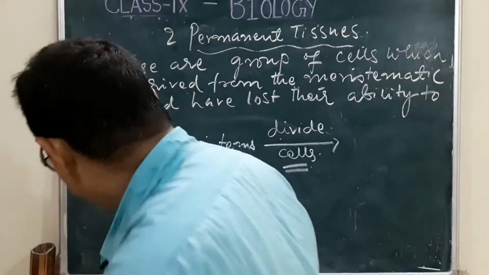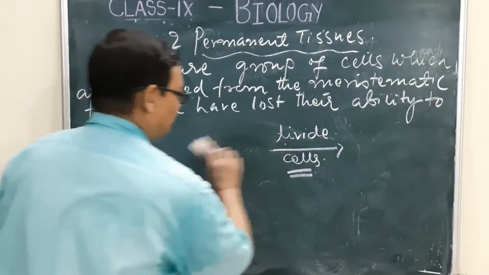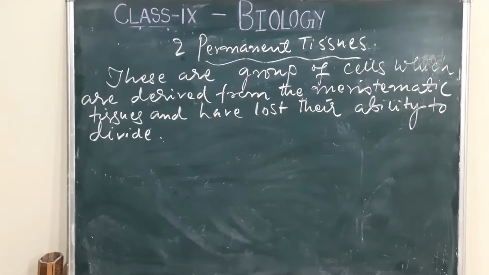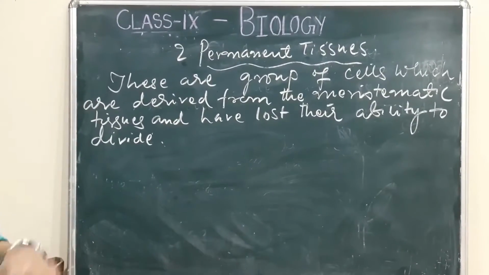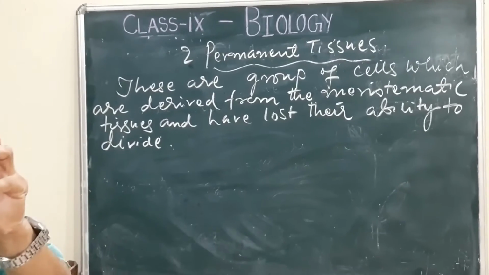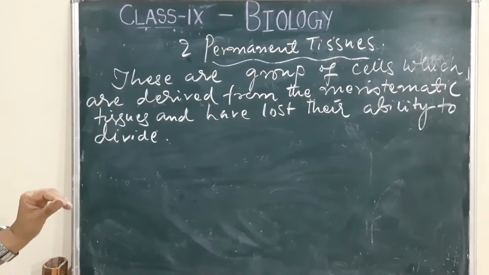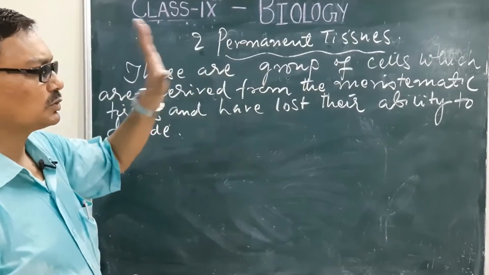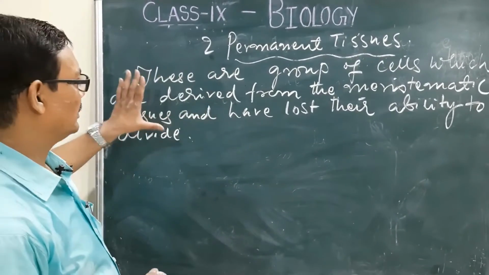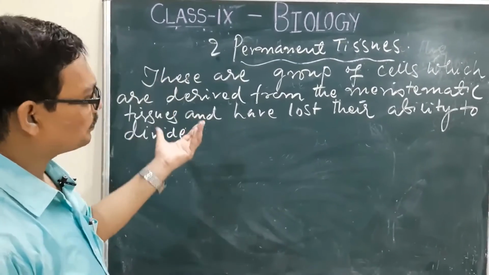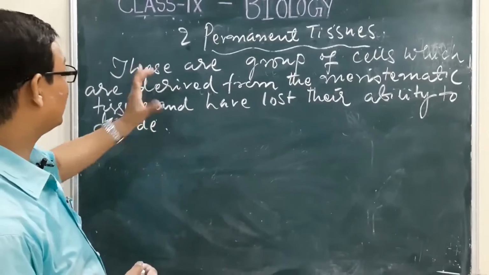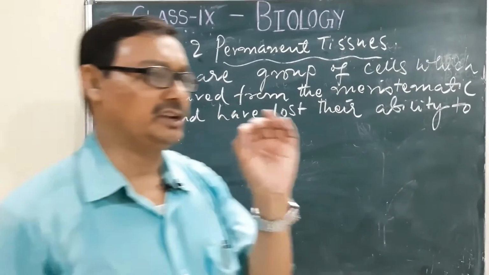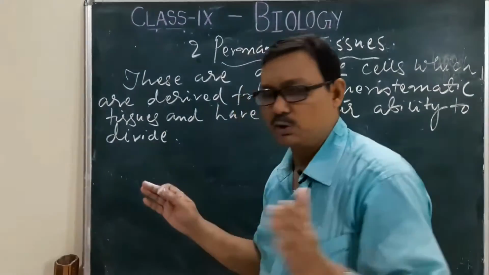Now, meristematic tissue and its characteristic features we studied in our previous class, and I also gave you a suggestion that when you write notes on tissue, the first point is the introduction or the definition, and the second is the structure, and if there are types, then the types, and if there are no types, then the function.